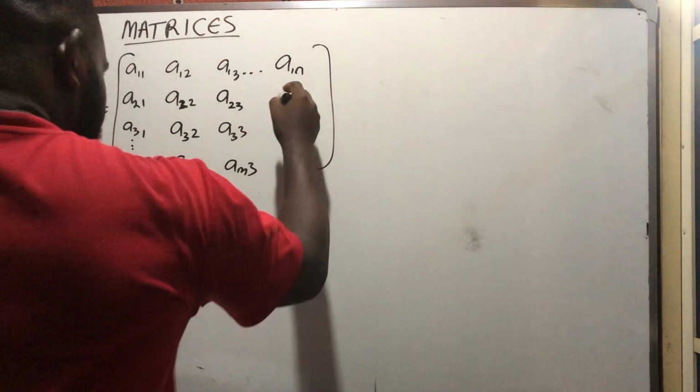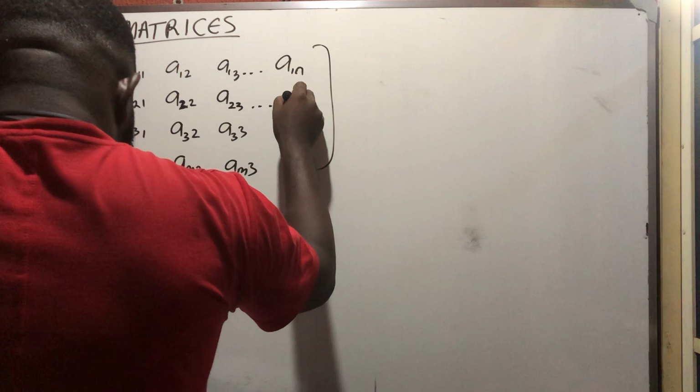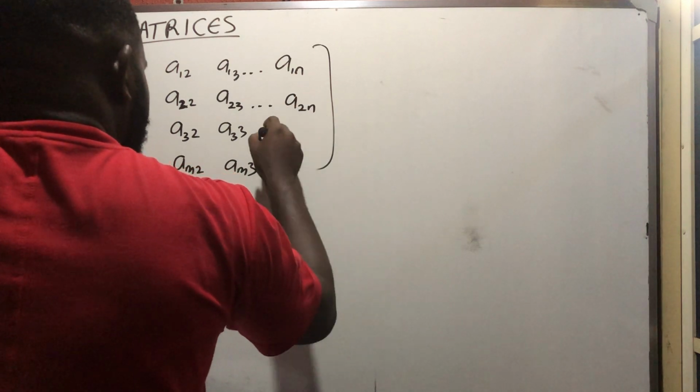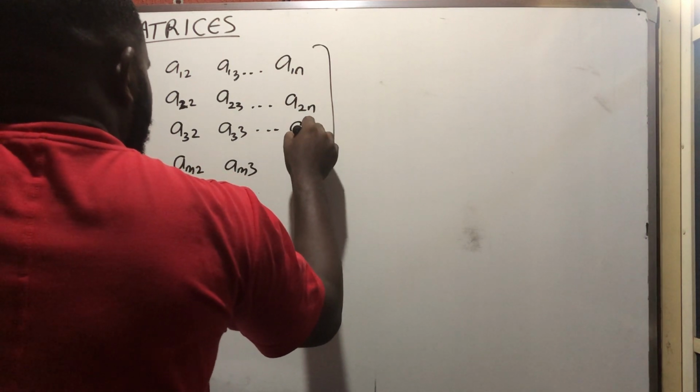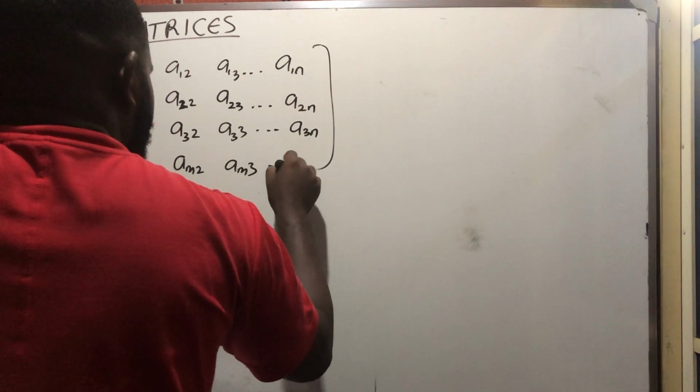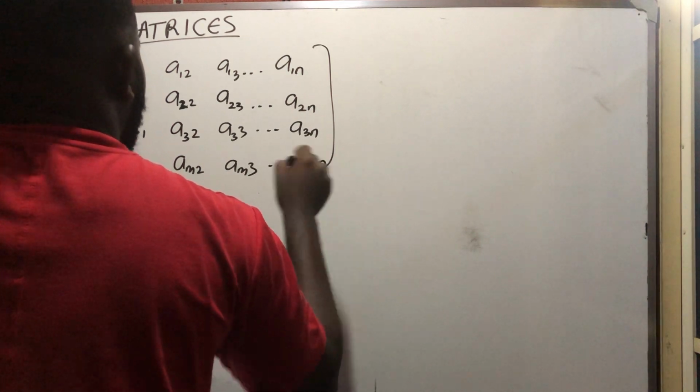Then we now have up to A2n, up to A3n, up to Amn.